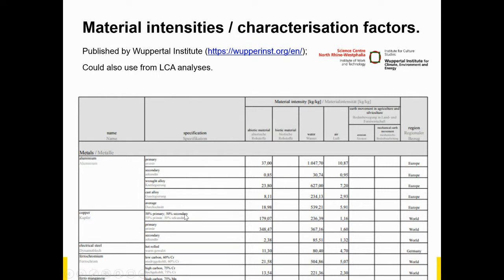If you're doing it for a given product that you have complete understanding of the supply chain and the production chain of that product, you can also do an independent life cycle assessment to then map all the inputs, as we said, in terms of materials and materials for energy production. And you can construct your own material input per unit service indicator for that product.